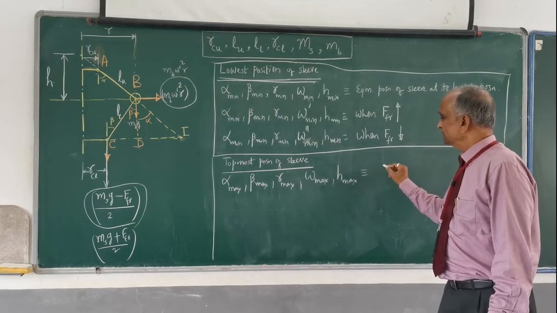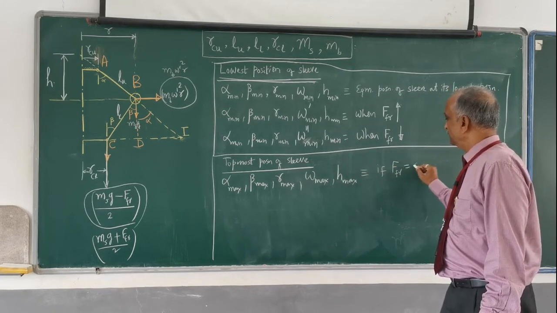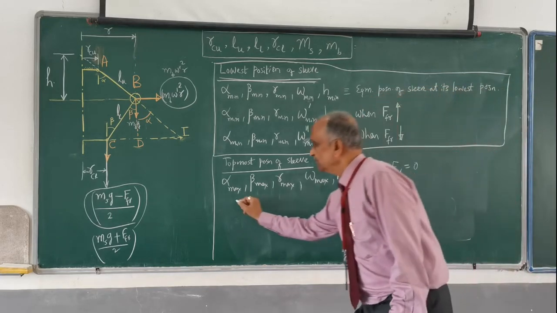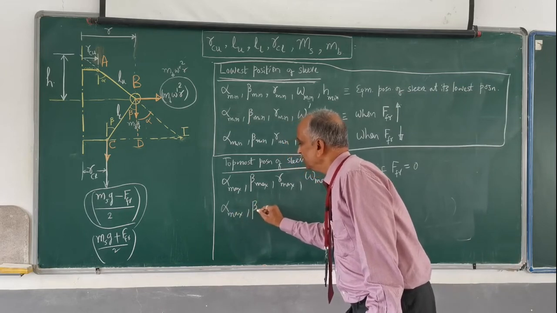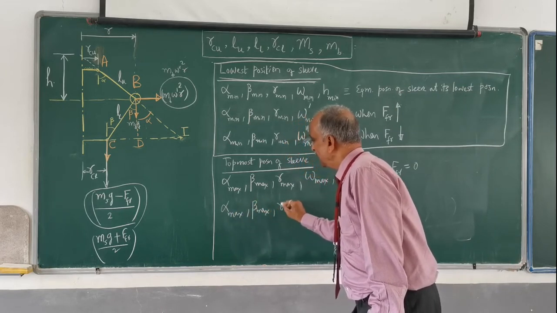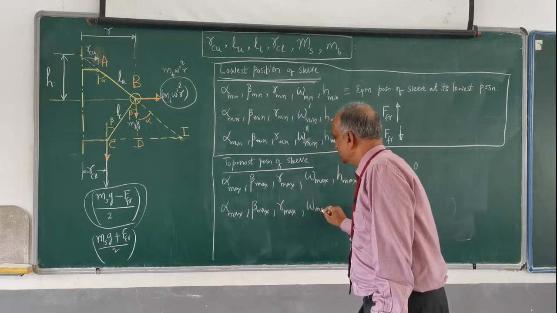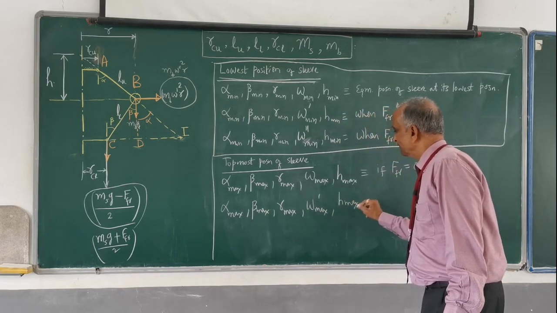So this is if the friction force FR is 0; in that case these are the notations. Similarly, alpha maximum, then beta maximum, then R maximum, then omega maximum dash and H maximum.